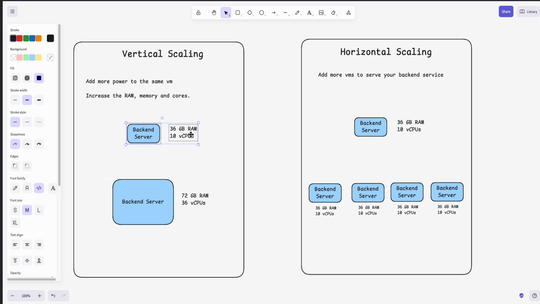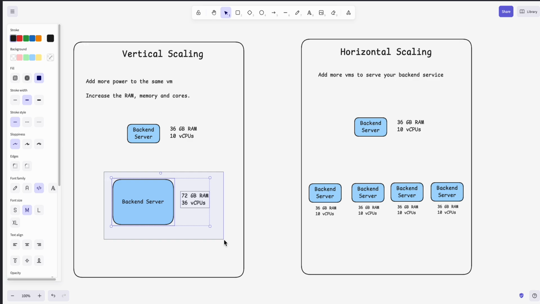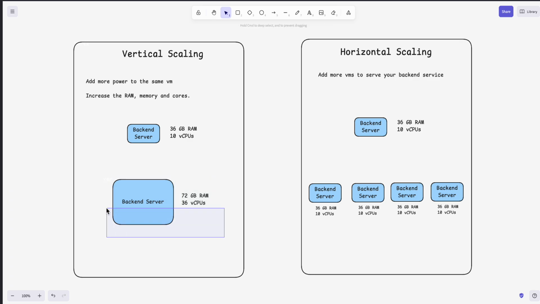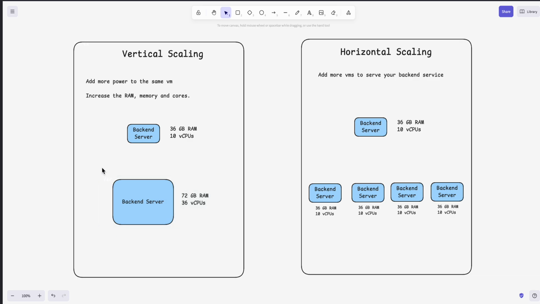Adding more power means providing more RAM, more memory, more CPUs. Instead of getting a small machine, this time you get a big machine. Now obviously the RPS will increase. Your scalability issues will be solved to a certain extent, but the single point of failure will still remain. That is one of the issues with vertical scaling.